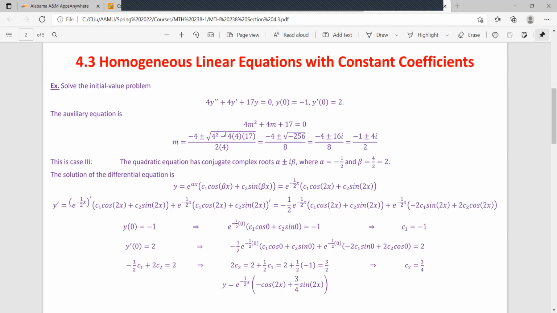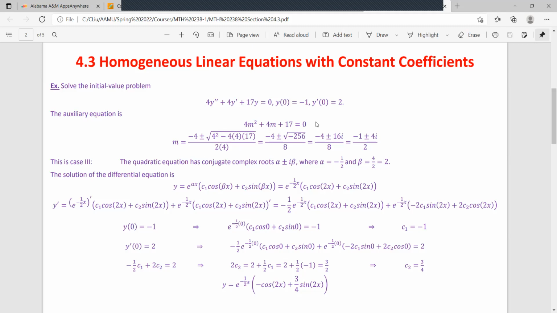So then you just try to solve for m in this quadratic equation. We can use the quadratic formula: negative b plus or minus the square root of b squared minus 4 times a times c, over 2 times a. So we have a equals 4, b equals 4, and c equal to 17 in this equation.